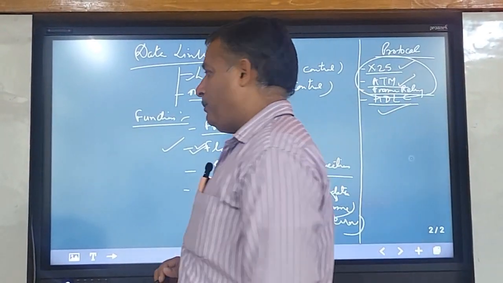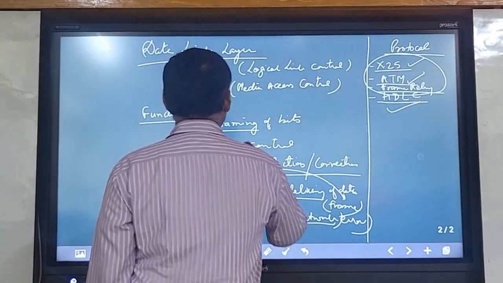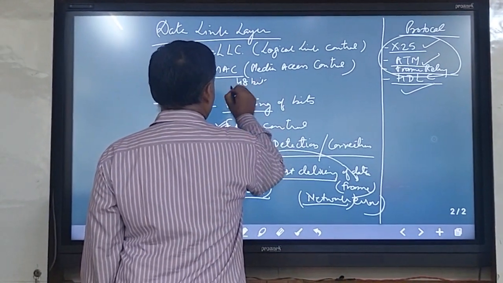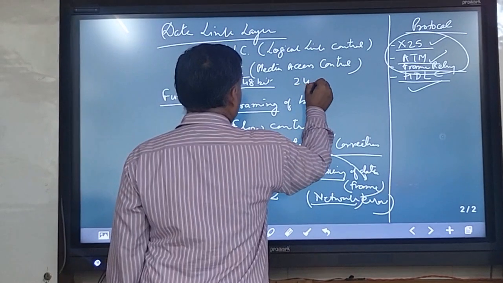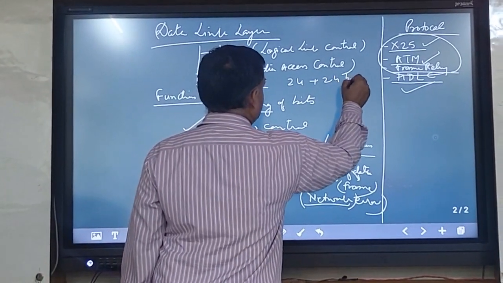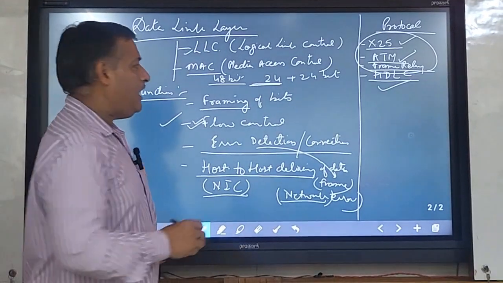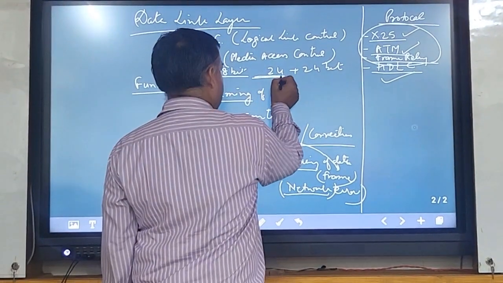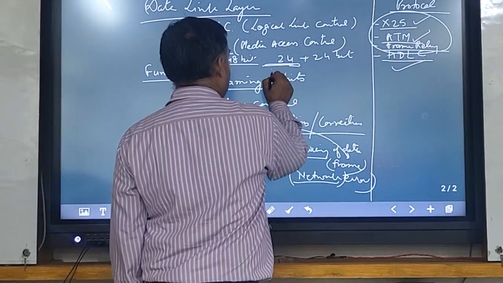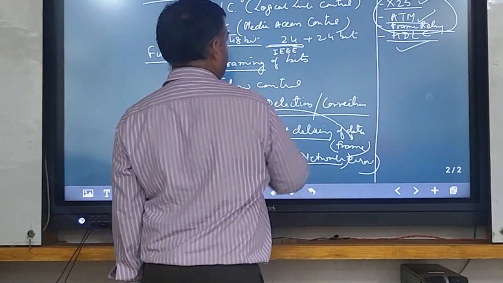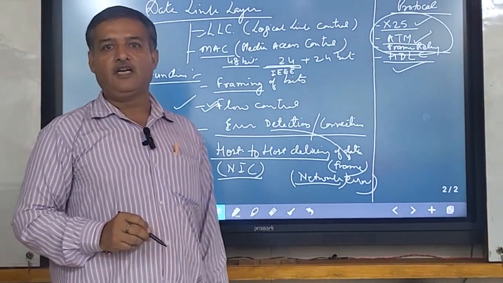Basically, it is a 48-bit address in which 24 plus 24 bits are distributed. The earlier 24 bits are assigned by IEEE, Institute of Electrical and Electronics Engineers.